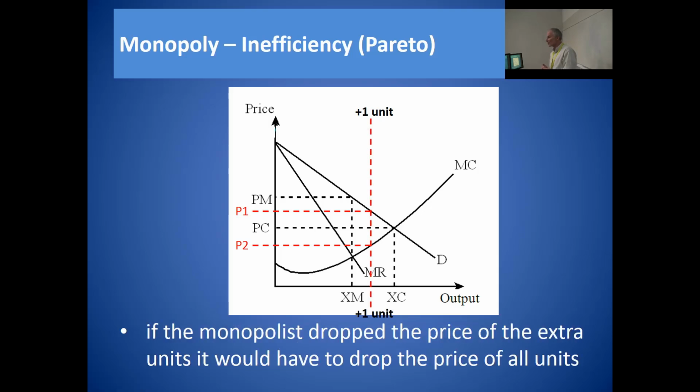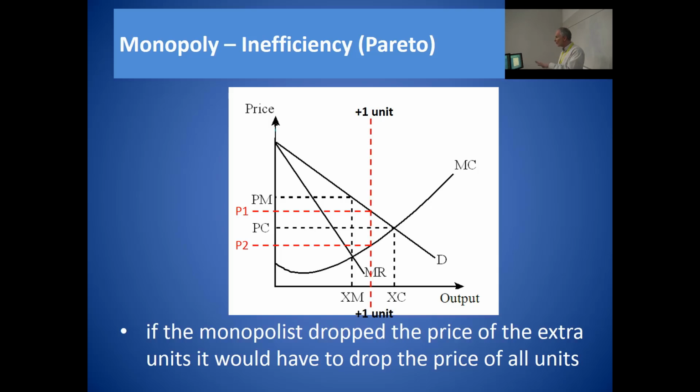It would have to drop the price on all preceding units as well. And if it did this, it would reduce its profits. And that's why the monopolist won't produce all of these extra units between XM and XC, because in doing so, it affects its profitability.